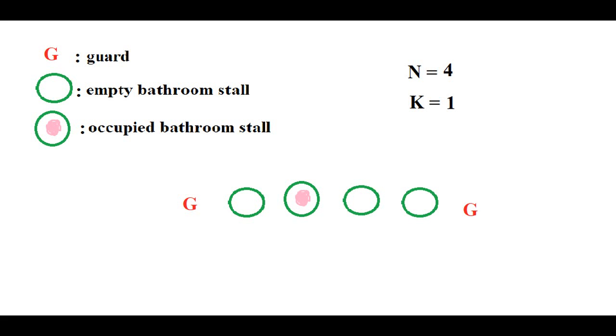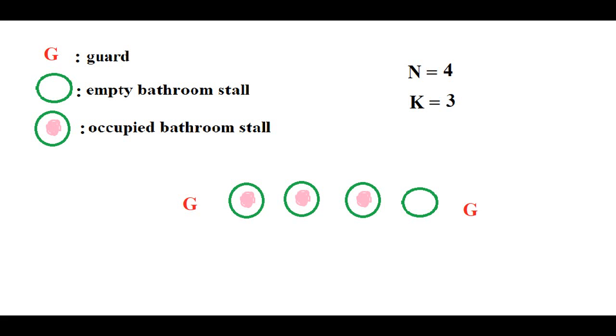With N equal to 4 and K equal to 2, the answer is 1 and 0. Indeed, when the second guest arrives, there is 1 free stall at his right and 0 free stalls at his left. N equal to 4 and K equal to 3 gives the result of 0 and 0.